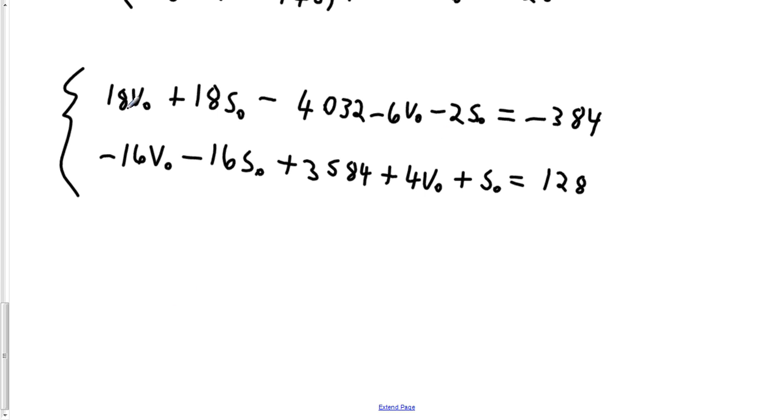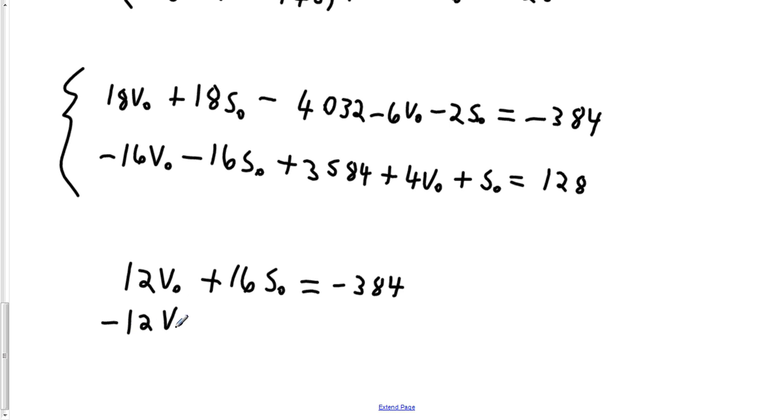So on the left hand side, I have 18 v naught minus 6 v naught, which is 12 v naught. And then I have 18 s naught minus 2 s naught, which is a positive 16 s naught. And then this is equal to still negative 384. And then on the bottom, negative 16 v naught plus 4 v naught is negative 12 v naught.